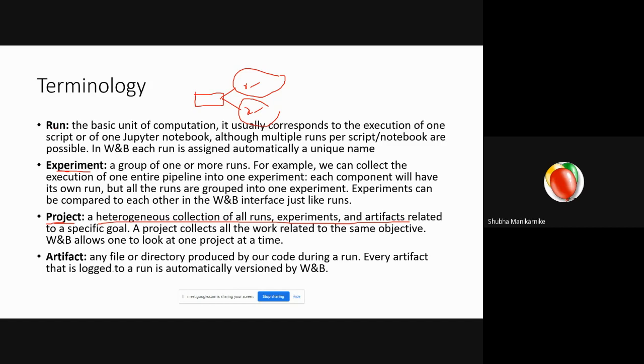Artifact, we generally tend to understand as the model artifact. So you train your model over here, and whatever the trained model that comes out of that is called an artifact, but that is not always the case. The output of any component is an artifact. For example, let's say we are doing EDA over here. After we do EDA, the next thing is we do some kind of feature engineering.